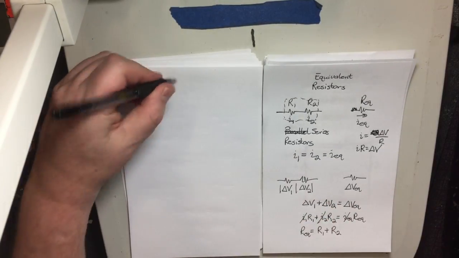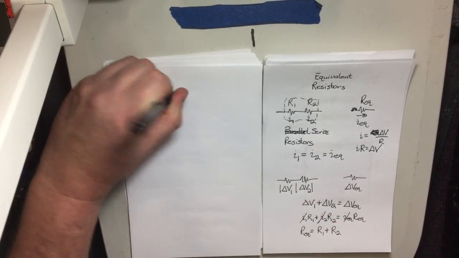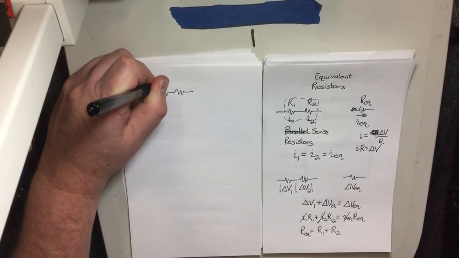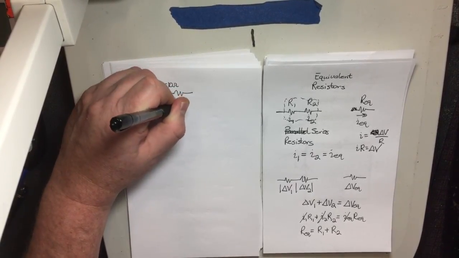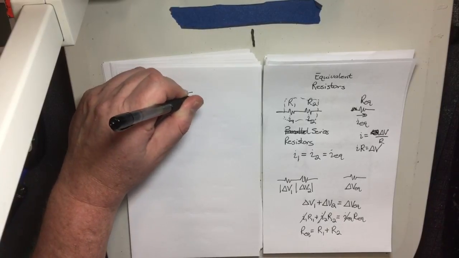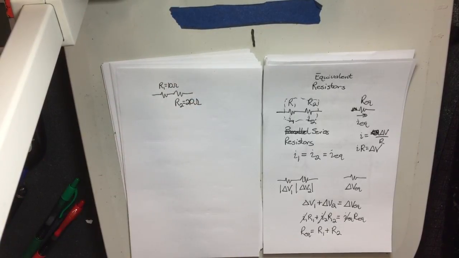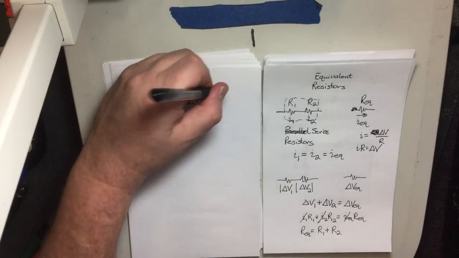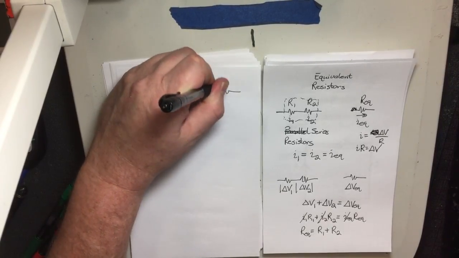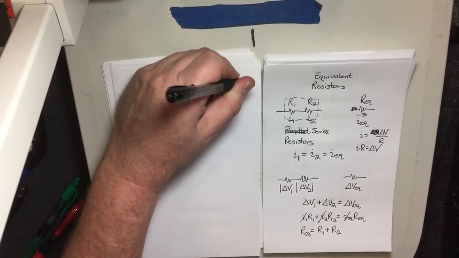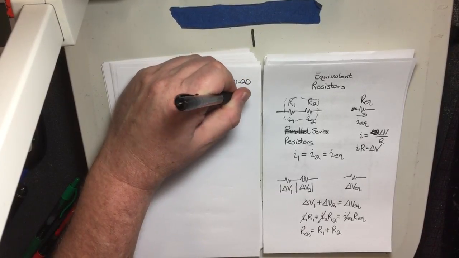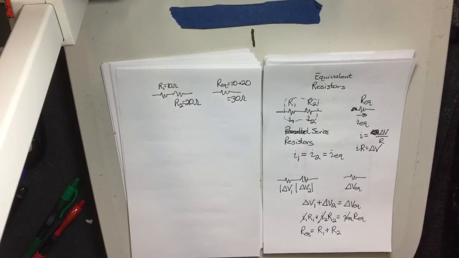So if you had two resistors in series, you just add them together to get the equivalent resistance, and you get 30 ohms.